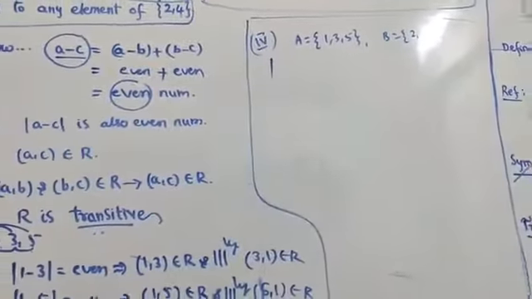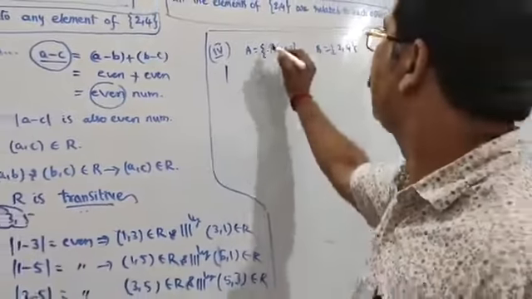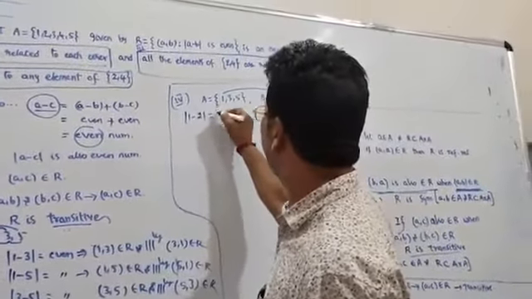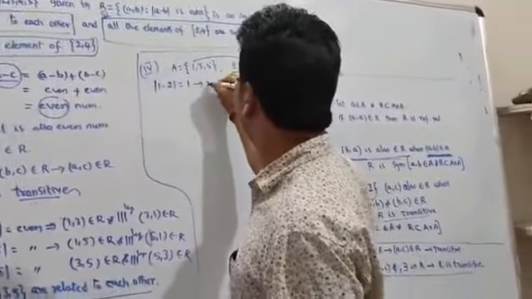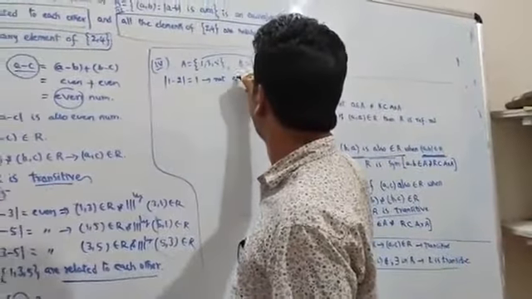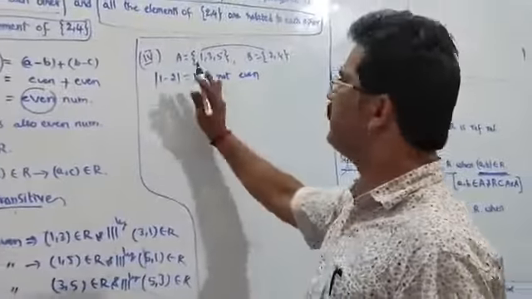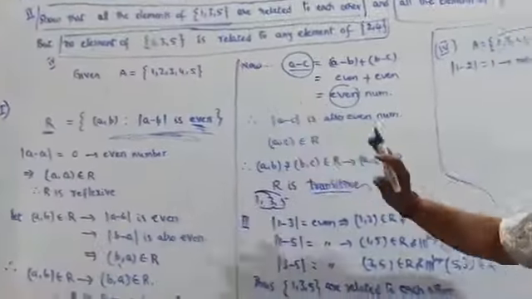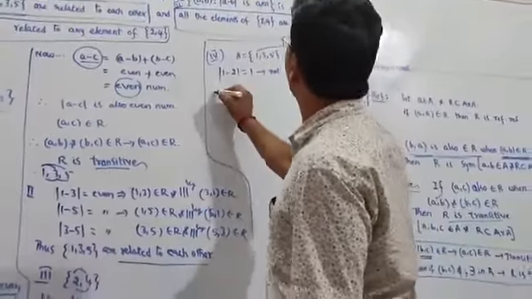Find the modulus of the first element, 1 minus 2, which is 1. It is not even. At first it fails; the modulus of the difference is not even.